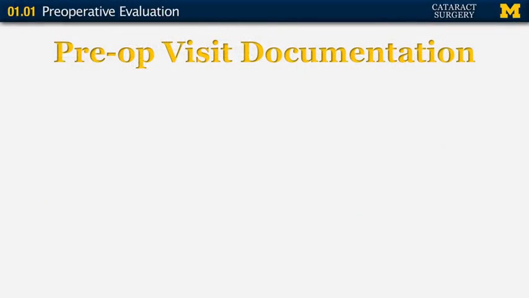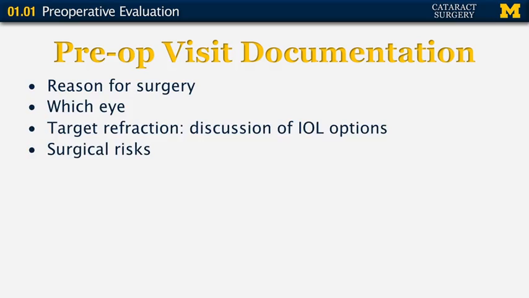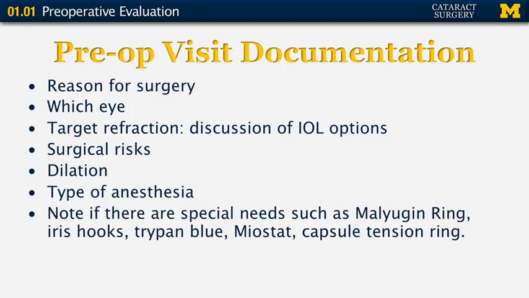Then we have to document everything in the patient's clinic note. We have to document the reason for the surgery, which eye, the target refraction and the discussion of the lens options, risks of surgery, how well the pupil dilates, the type of anesthesia.